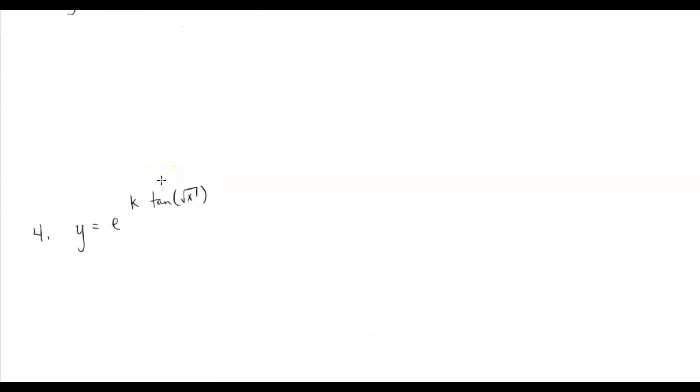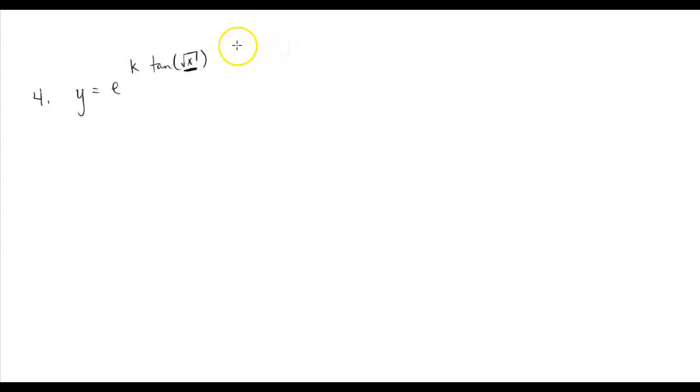All right, so let's look at example number 4. For this one, notice that we have a function stuffed inside of a function, okay? So that means we're going to have to do the chain rule twice here. Just to put some order to this, notice that the innermost inside function is going to be square root of x.